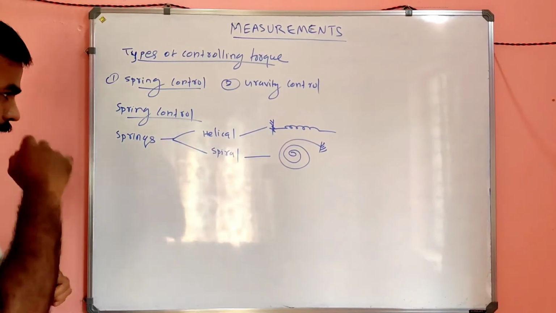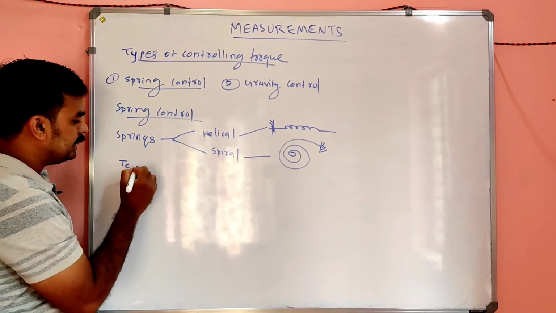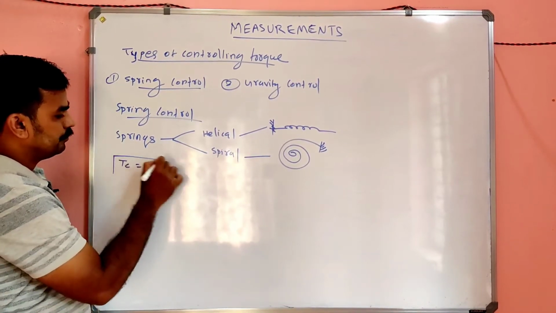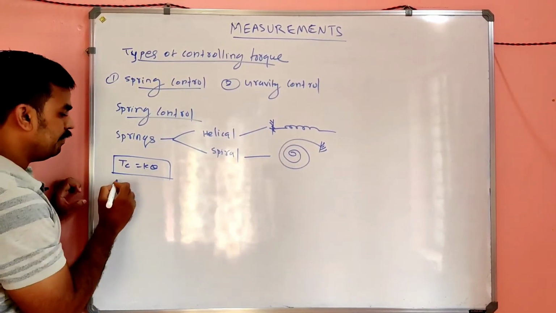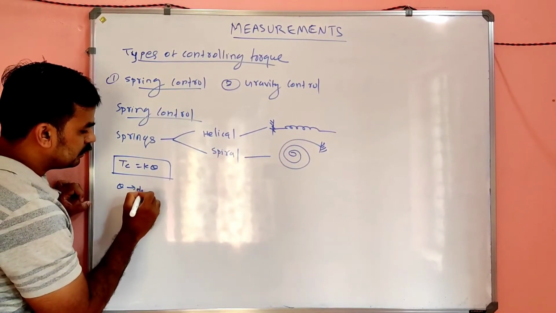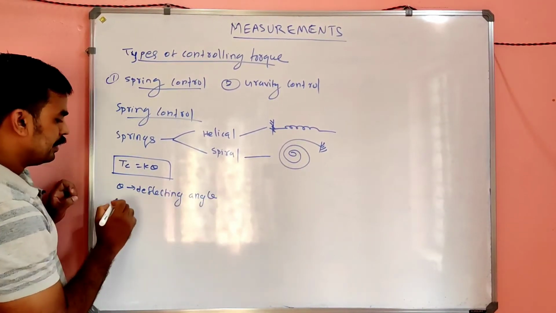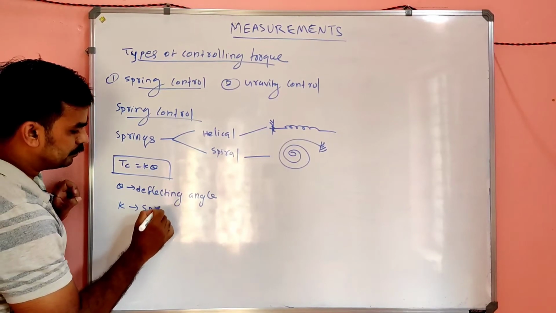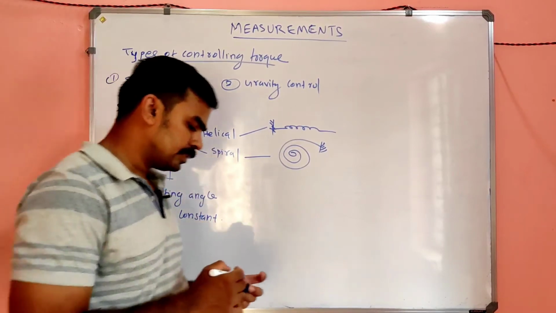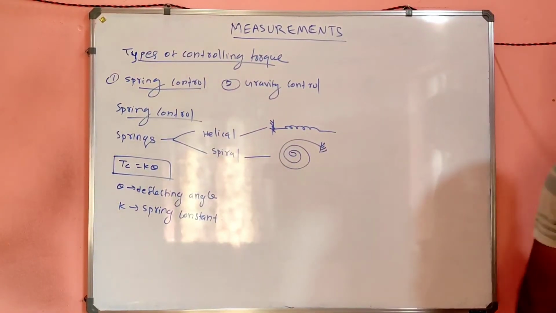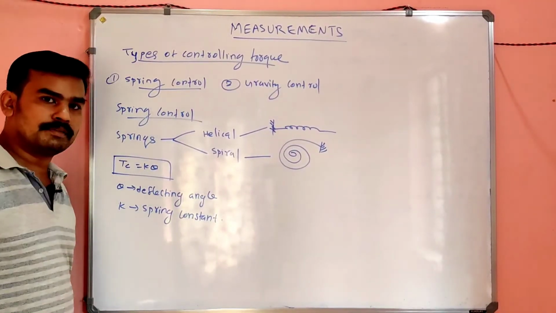So in spring control, what is the nature? The controlling torque is equal to k theta. It is very, very important. Here theta is the deflecting angle and k is the spring constant.